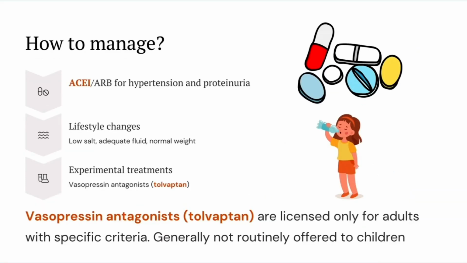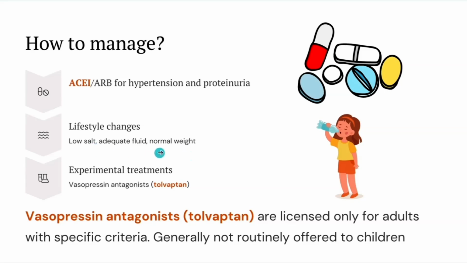So how should we manage the problem? First of all, if the patient has hypertension and proteinuria, we can consider giving them an ACE inhibitor or angiotensin receptor blocker. These drugs can lower the blood pressure and also improve the proteinuria. The second thing would be lifestyle changes. We need to protect the kidney. So low salt, adequate fluid, avoid obesity.